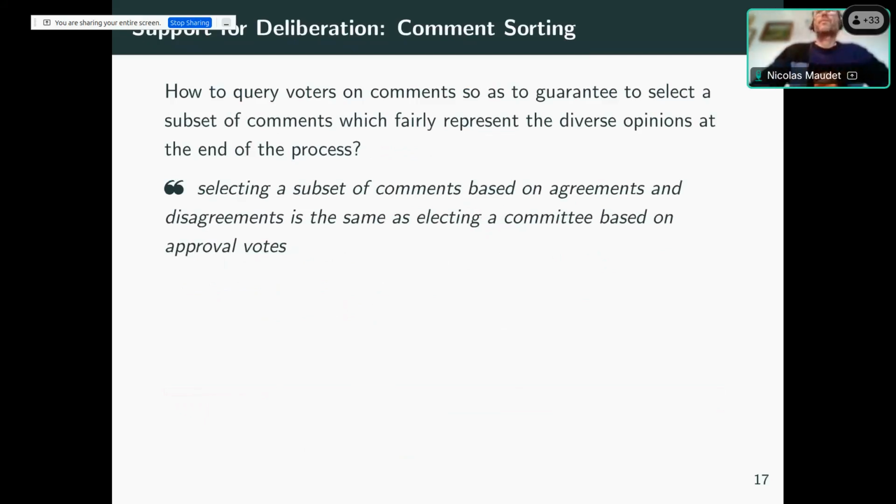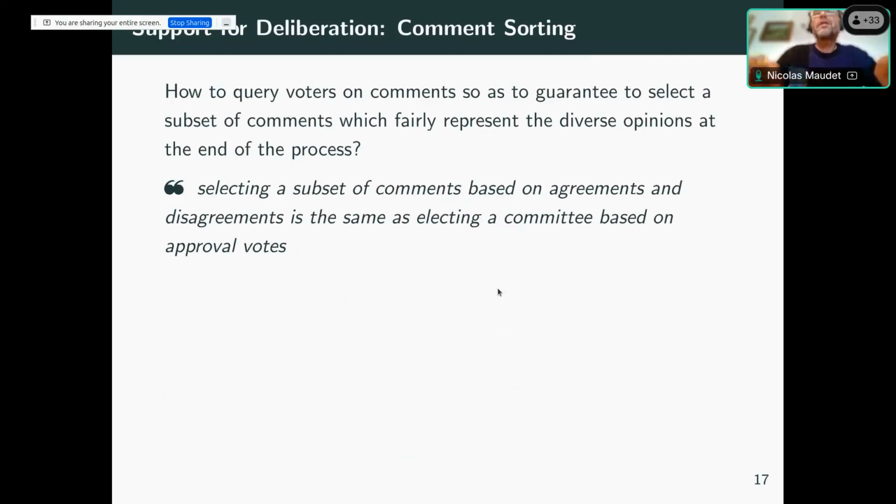Another recent work that I found really exciting is about comment sorting. The question here is how you present different comments to users on the platform, and how you can query voters to get the most relevant information if you want to fairly represent the diverse opinions at the end of the process.